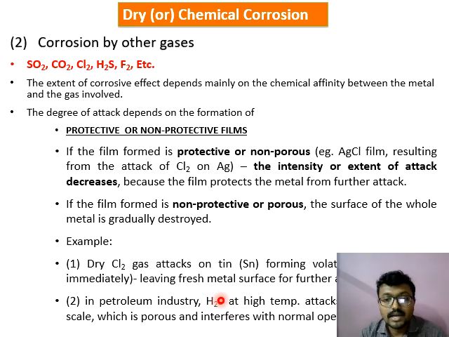Hydrogen sulfide can react with iron and form iron sulfide, right? Chlorine can also react with silver, forming silver chloride, right? So these are some reactions by which other gases can corrode some metals.